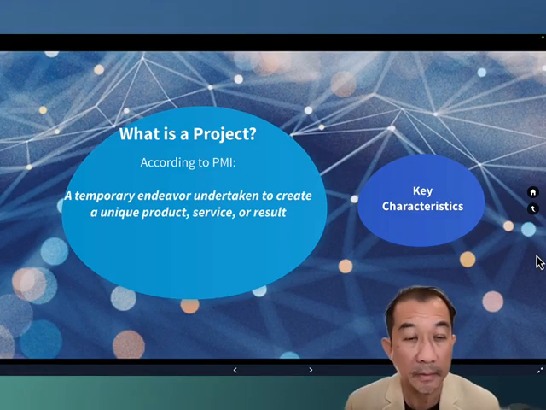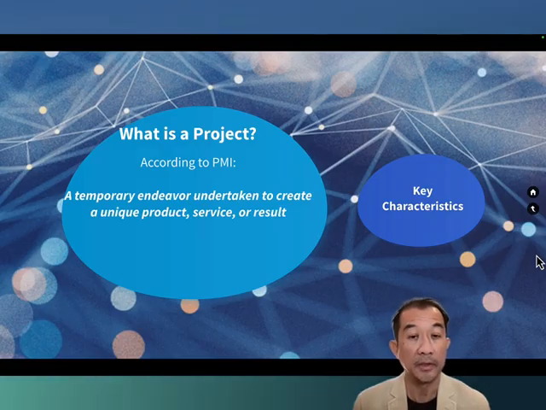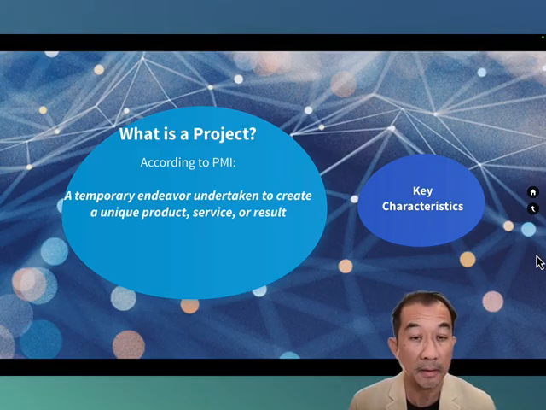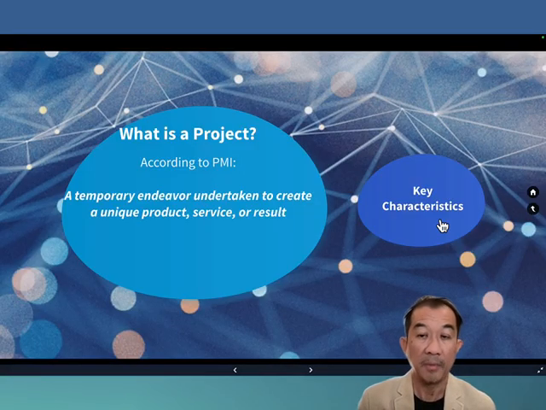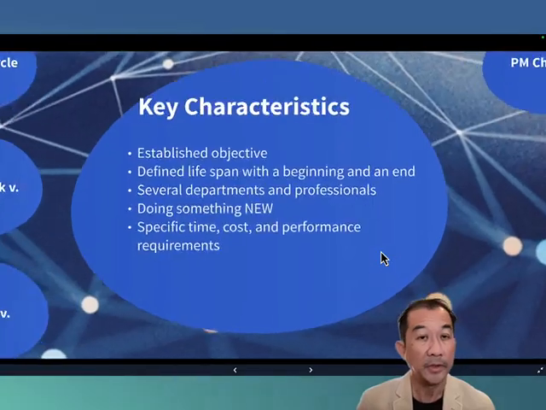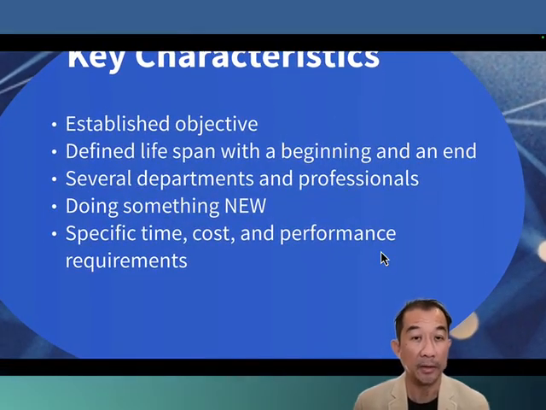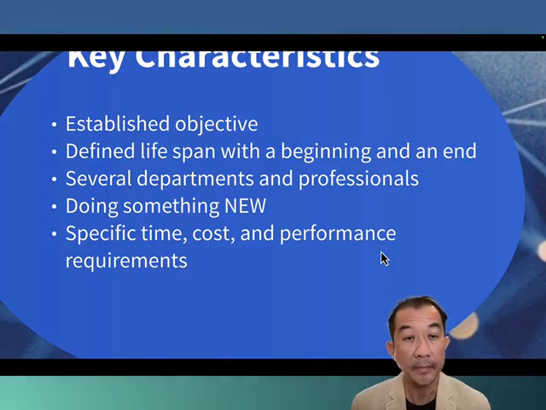What is a project? According to the Project Management Institute, it's a temporary endeavor that's undertaken to create a unique product, a service, or result. There are some key characteristics of a project. First, it has to have an established objective, followed by a defined lifespan with a beginning and an end. It will involve several departments and professionals.